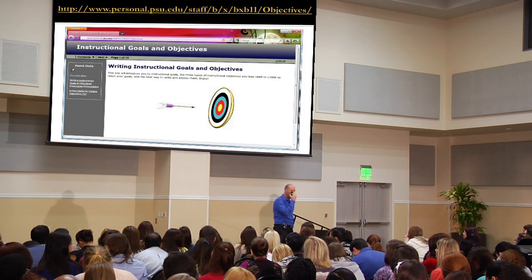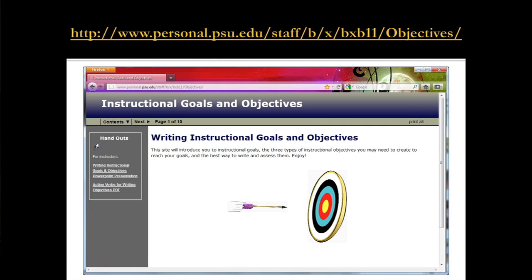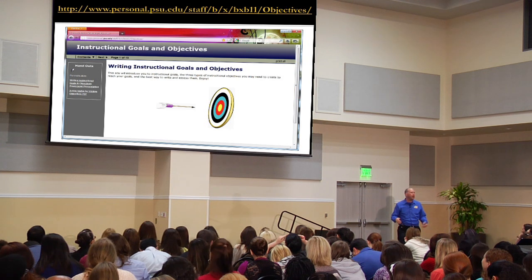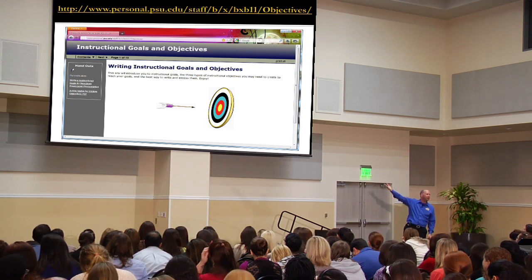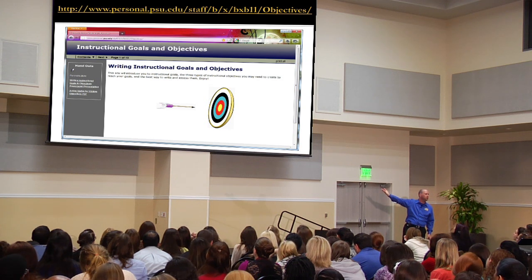Now, there is a website, there's a link for it in this file, but there's a website that does a really, really excellent job of talking about the difference between a learning goal and a lesson objective. Anyone want to take a guess which one of these 2 pictures is the learning goal?